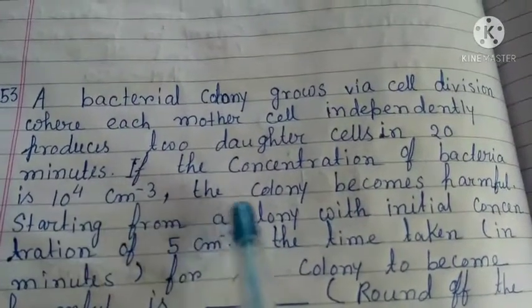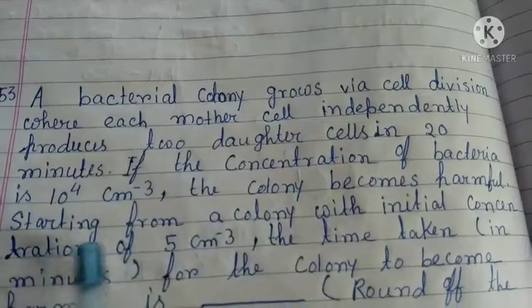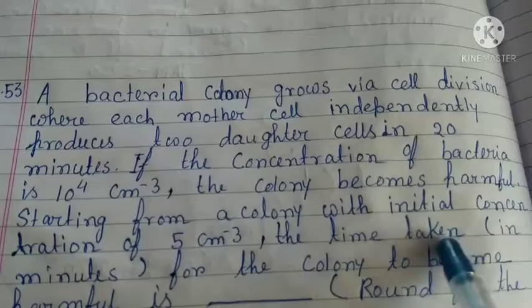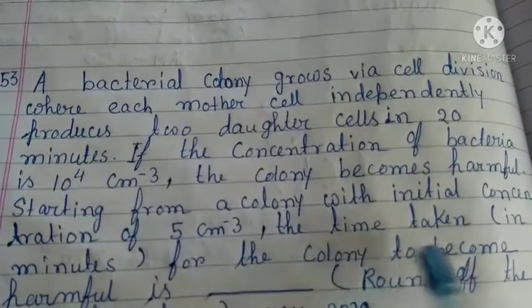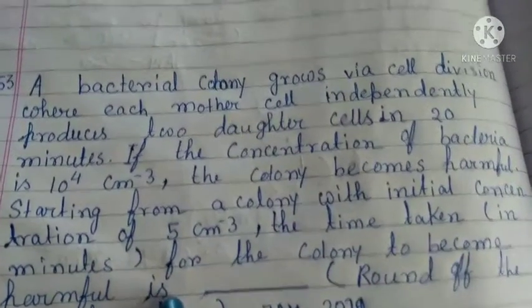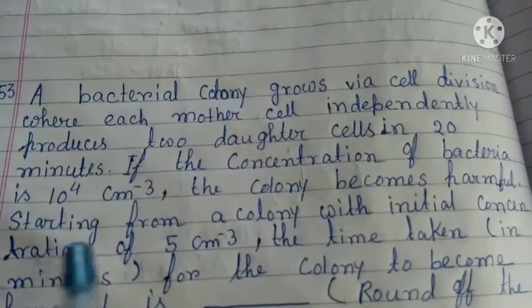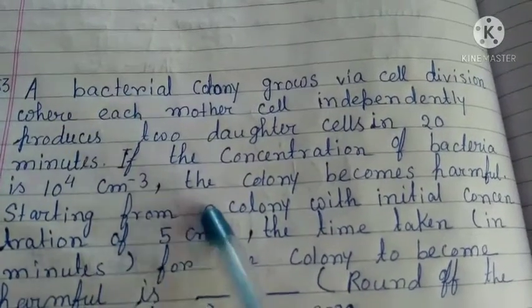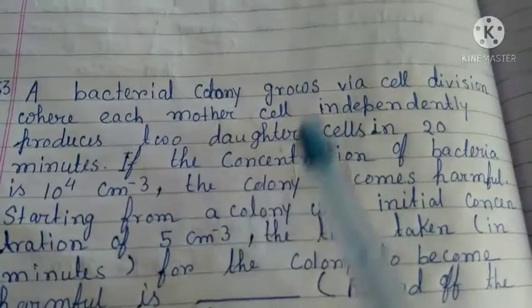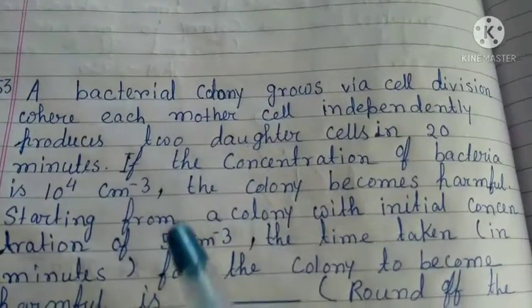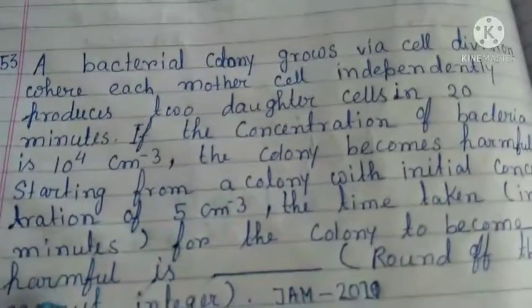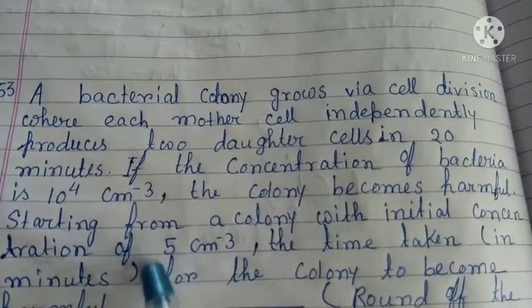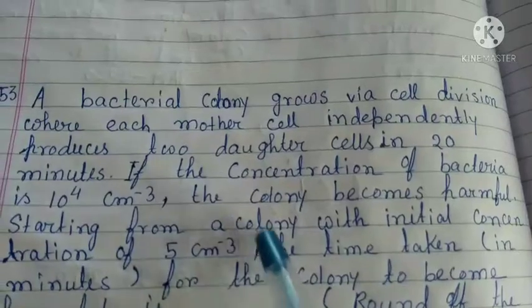So starting from a colony with initial concentration of 5 cm to the power minus 3, the time taken for the colony to become harmful is asked.